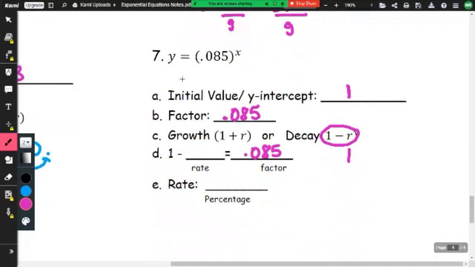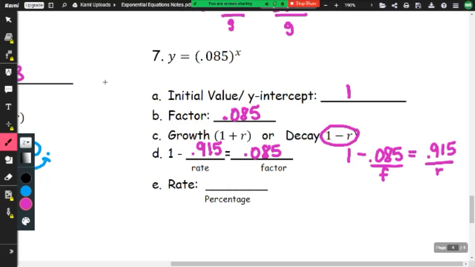I'm going to take the 1 and subtract the 0.085. I want to do this separately because I don't want you guys to get in the habit of placing it here. The 0.085, just because it's in this spot now, does not represent the rate. It's still the factor. We're just working backwards to get the rate once again. And what is 1 minus 0.085? 0.915.